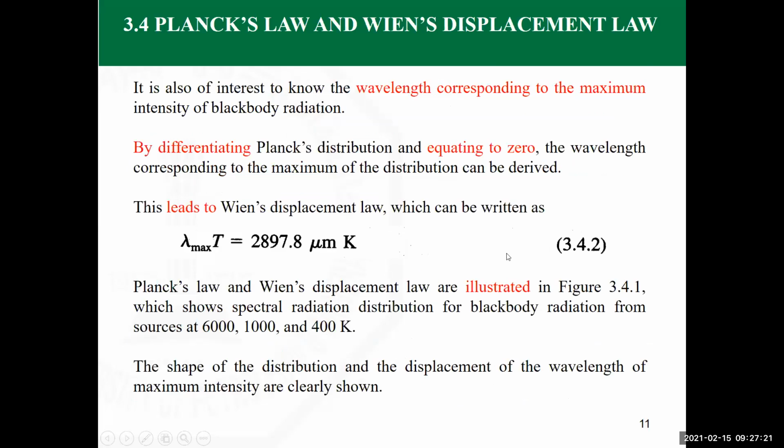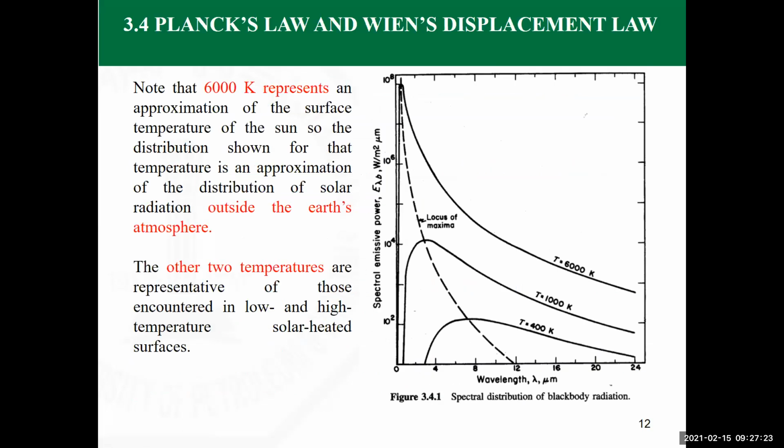When we plot that at 6,000 degrees Kelvin, which is the extraterrestrial radiation coming from the sun to the outside of the atmosphere, this is what you can see, the line here.